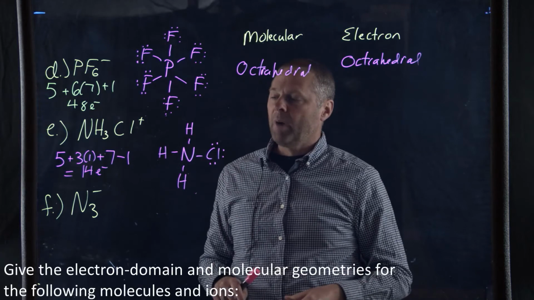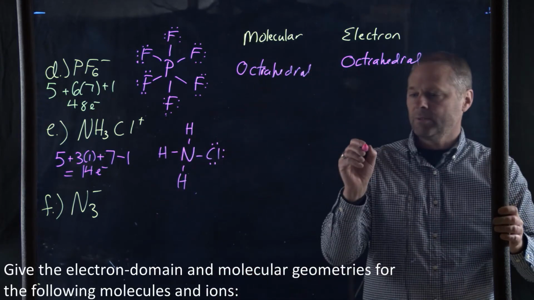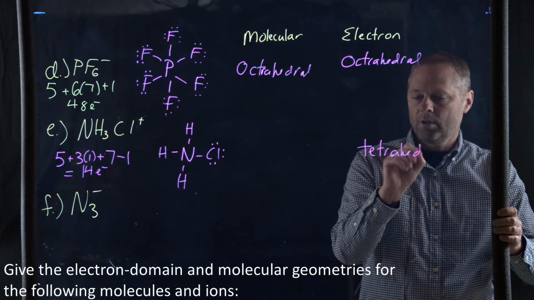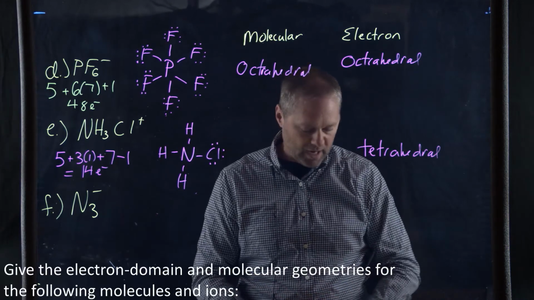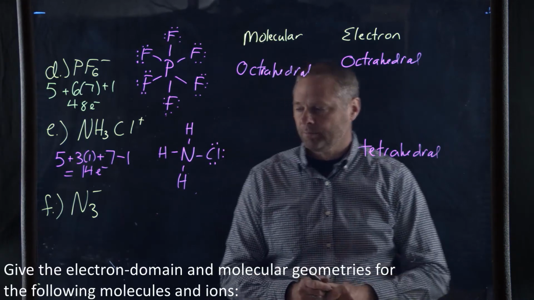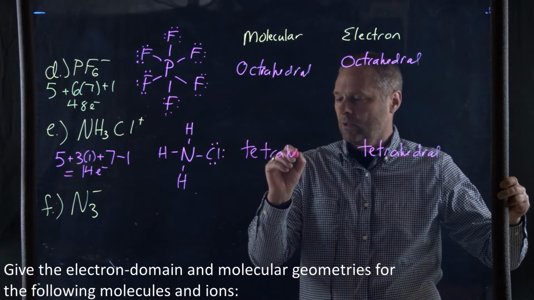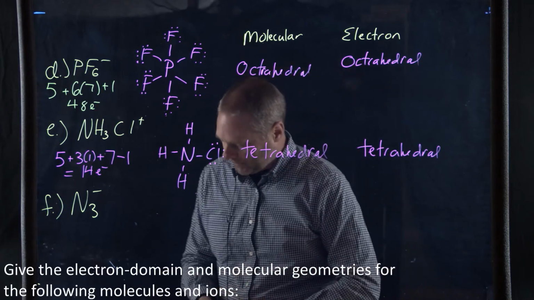We have 4 things bonded around the nitrogen, so it's 1, 2, 3, 4. So this becomes tetrahedral. Because there aren't any lone pairs on the nitrogen, the molecular geometry is tetrahedral as well.